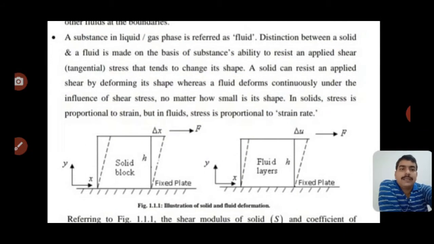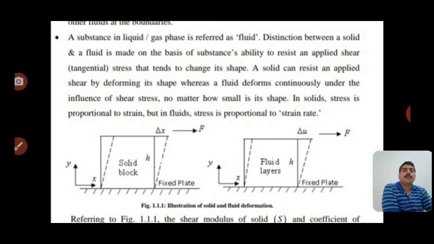Now we see in the picture, here in the diagram, this is the boundary of the solid plate. Here this is the solid block, this is the x-axis, this is the y-axis. Now apply force on the upper part, then the body deflects and its shape changes.